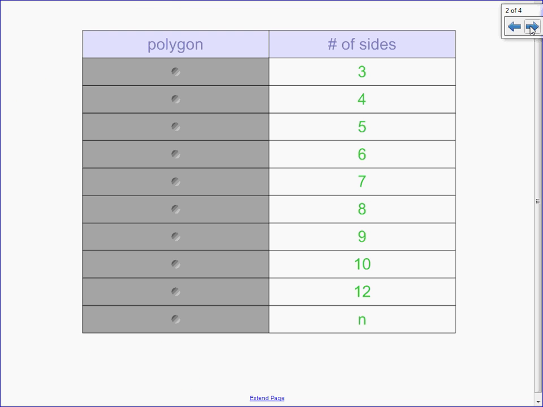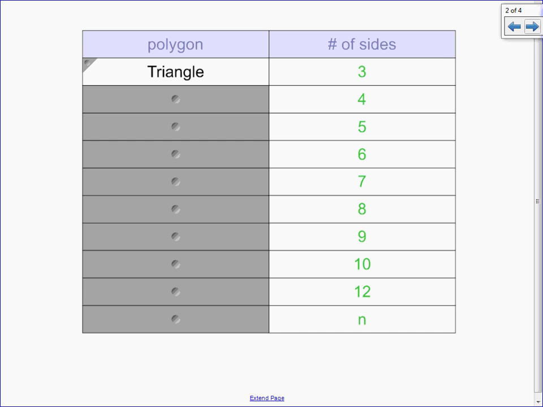All right, let's review these. The ones on your notes are not interactive, so you can't click on them and they won't disappear with the name. So you're going to have to write on those gray squares there. But what I want you to do, I'm going to give you a few seconds to write down as many as you remember. They aren't fancy words. They're literally just the name of that figure with that number of sides.